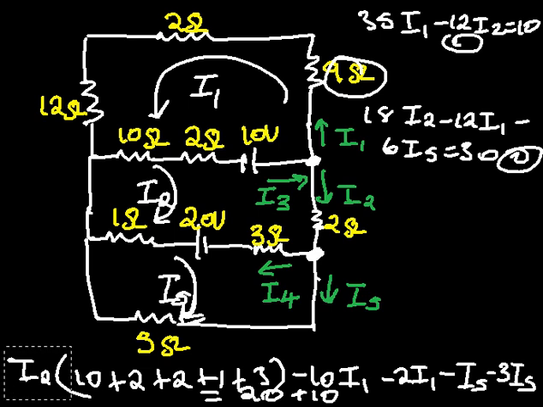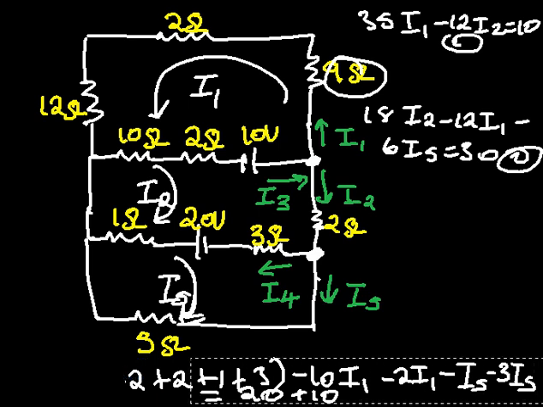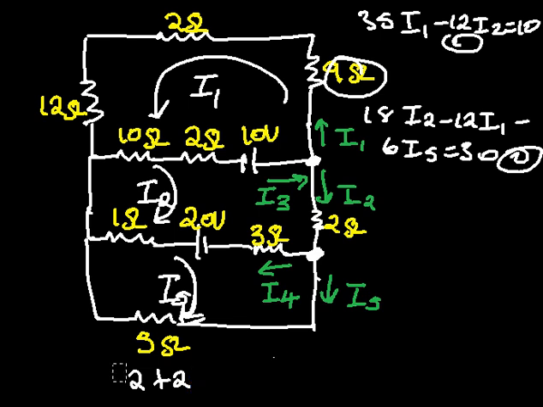And let's go for the other loop. Now in the other loop, we have loop 3. And what is loop 3?